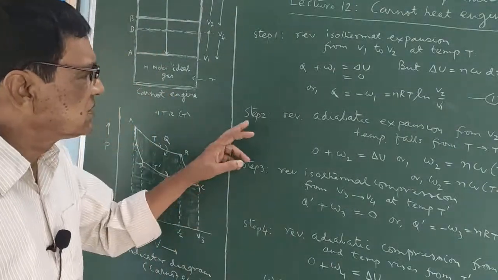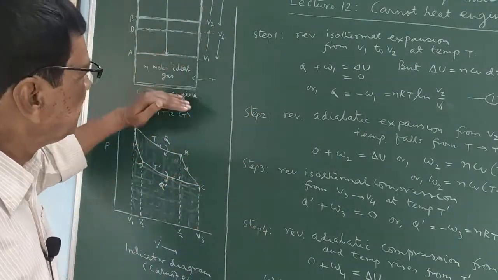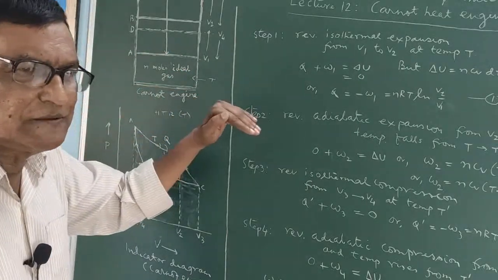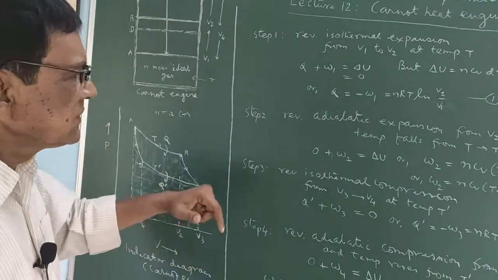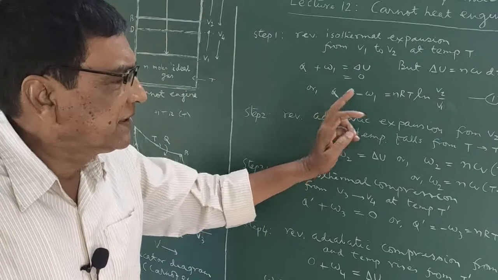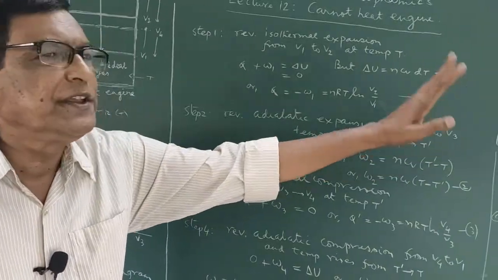So in this second step, when it is kept on the insulation pad, it is called reversible adiabatic expansion from V2 to V3.